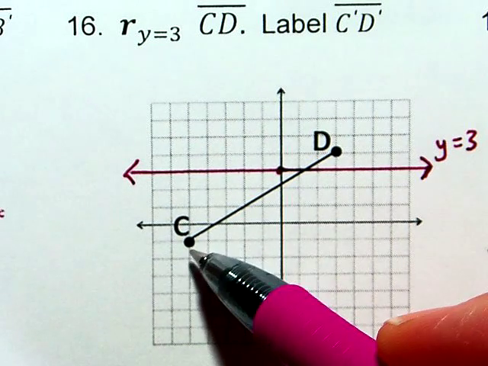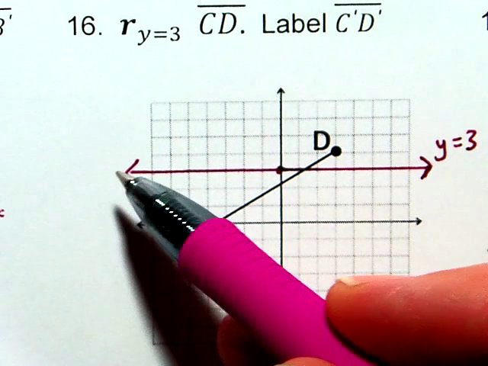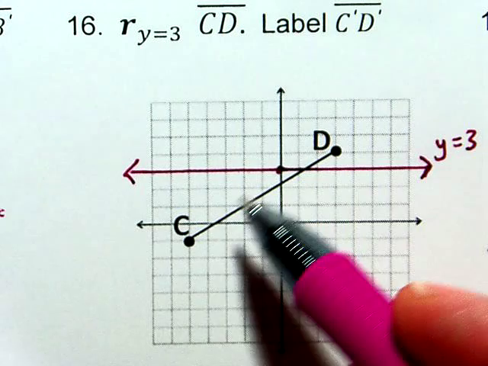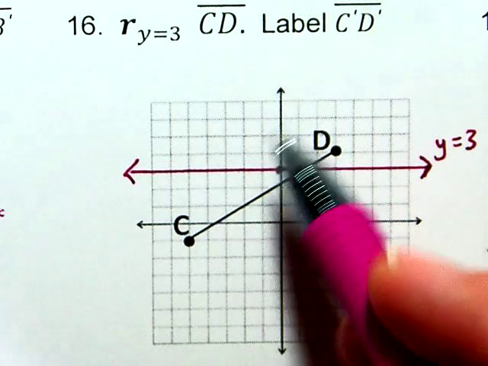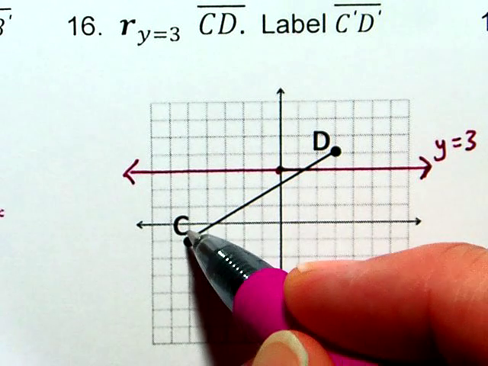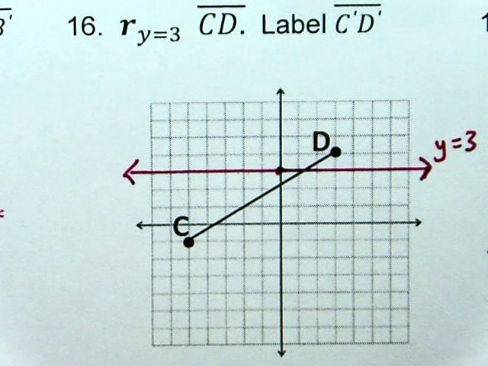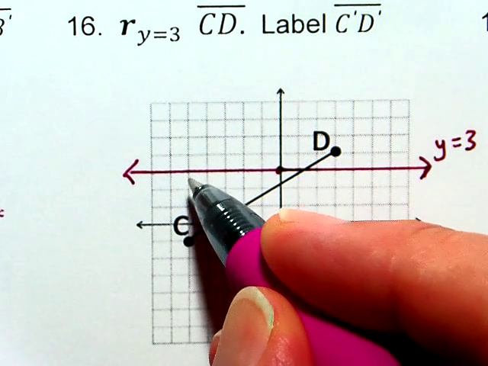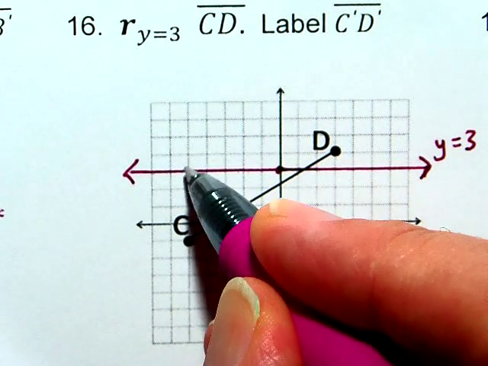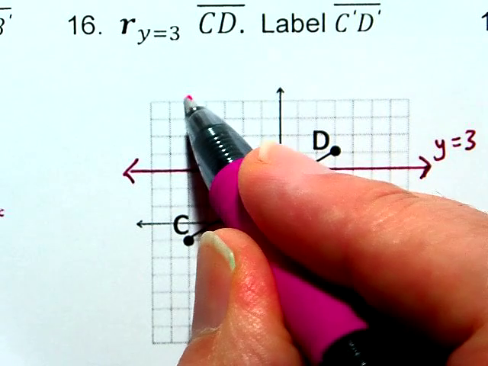Let's start with C, and since this is a horizontal mirror, we're going to be moving vertically. C is 1, 2, 3, 4 points below the mirror line, so C prime has to be 4 points above the mirror line on the same vertical. 1, 2, 3, 4. This is C prime.